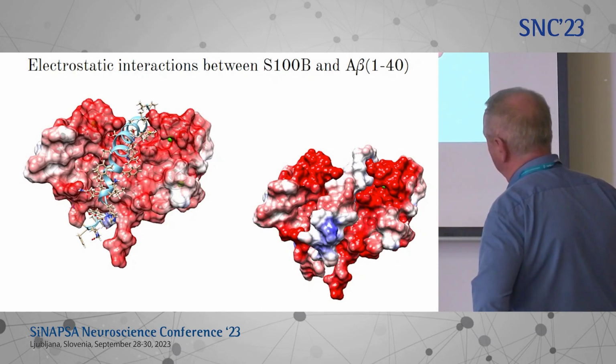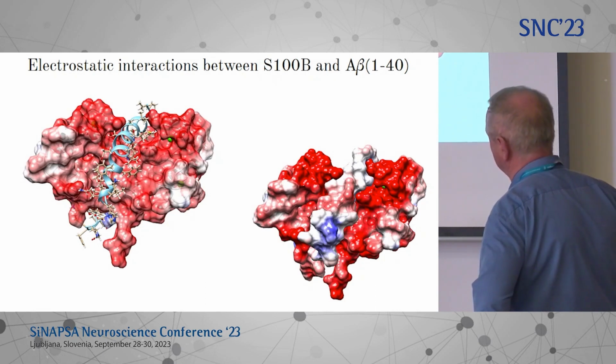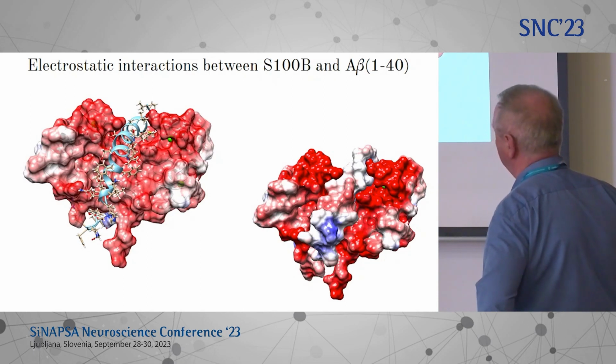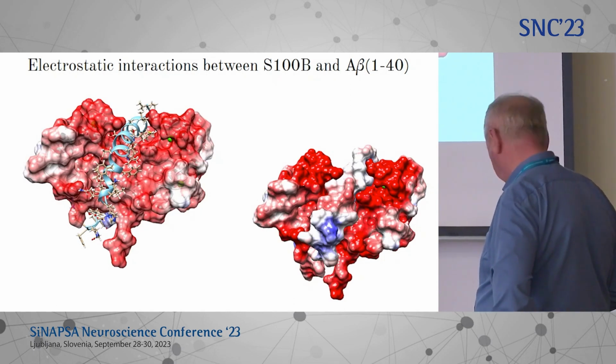You see the N-terminal of A beta peptide is located here. This is the metal binding domain, which comprises residues between aspartate 1 and lysine 16.